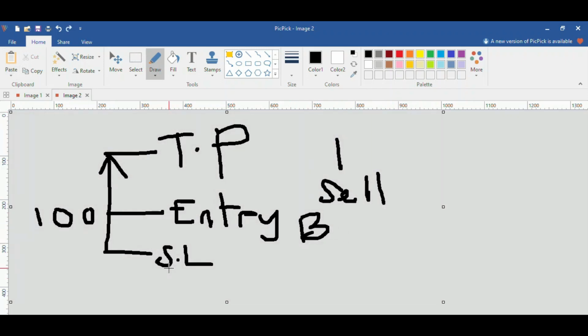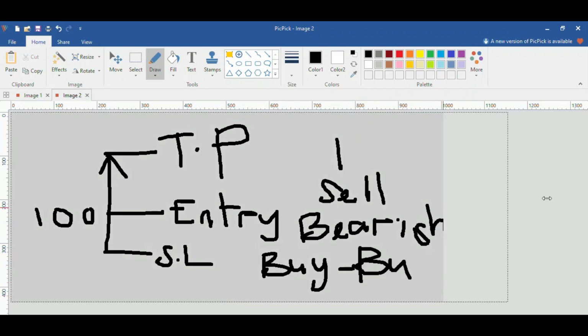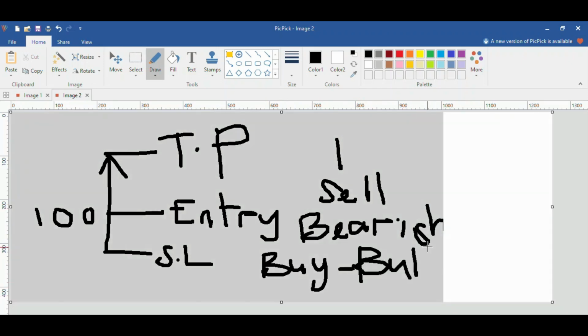Sorry, that's a mistake earlier. Sell means bearish, that means there's a bearish movement in the market. Then whenever you have buy, that means the market is bullish.